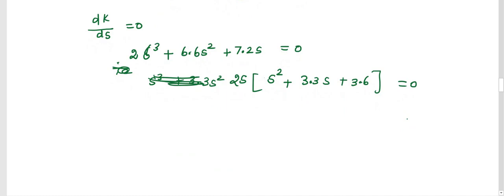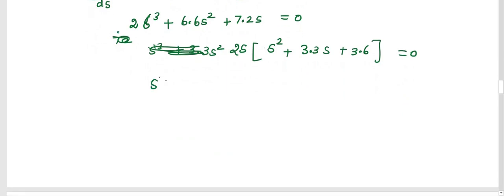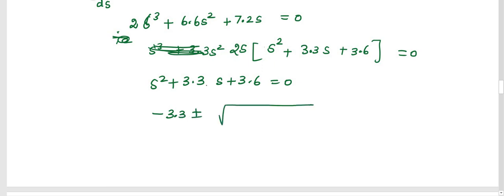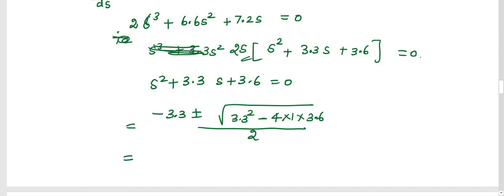So what's the next step? s square plus 3.3 s plus 3.6 equal to 0. Use minus b plus or minus square root of (3.3 square minus 4 into 1 into 3.6) divided by 2. So two answers are obtained. One of the answers we already got, s is equal to 0.